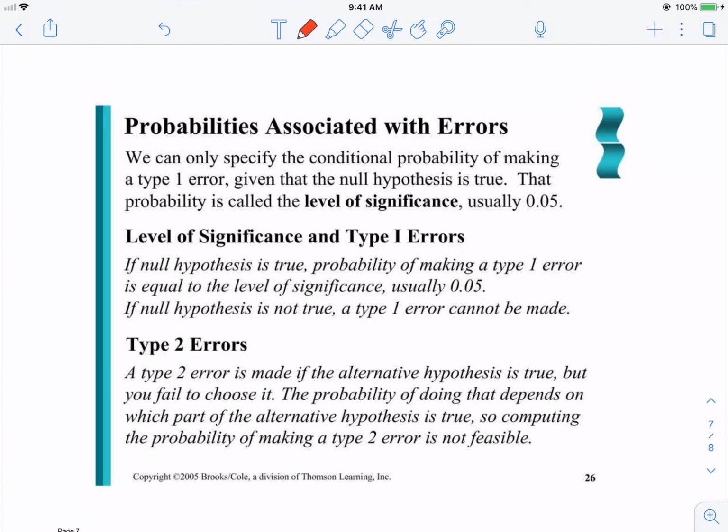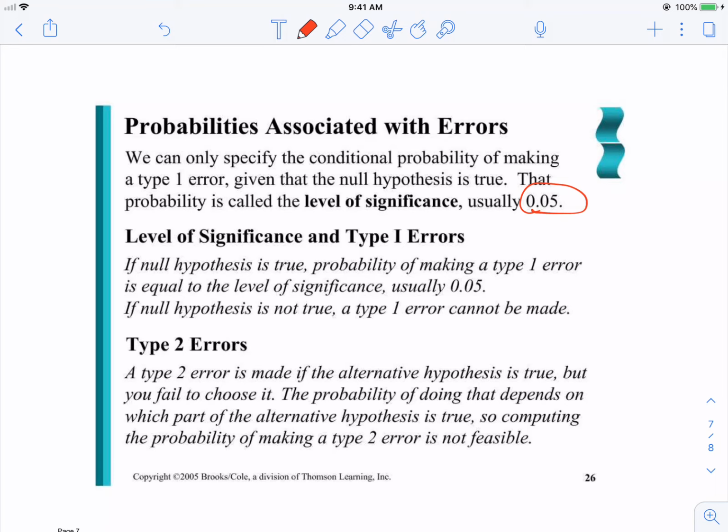So lastly, this is what I talked about on the previous slide, probabilities associated with errors. We can only specify the conditional probability of making a type 1 error, given that the null hypothesis is true. That is what the p-value is, compared to the level of significance, typically 0.05. If the null hypothesis is true, the probability of making a type 1 error is equal to the level of significance, usually 0.05. If the null hypothesis is not true, a type 1 error cannot be made.